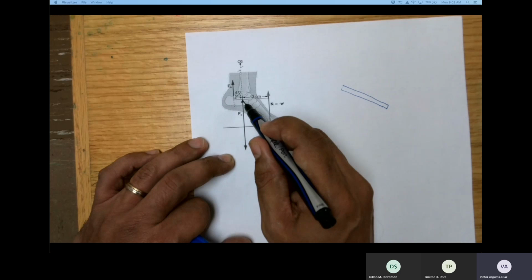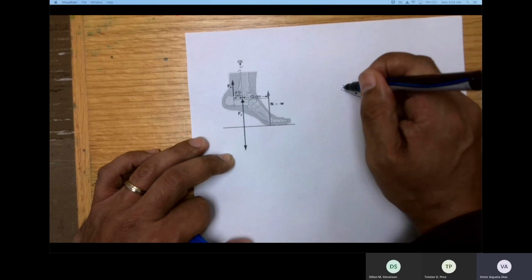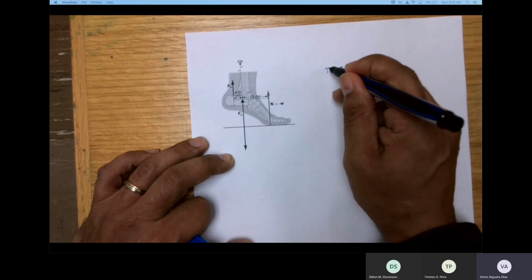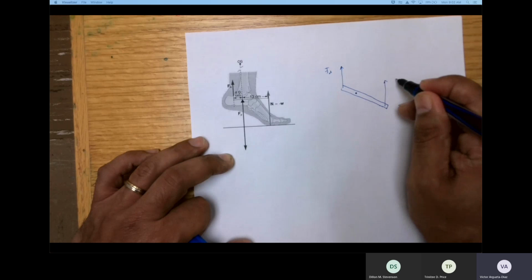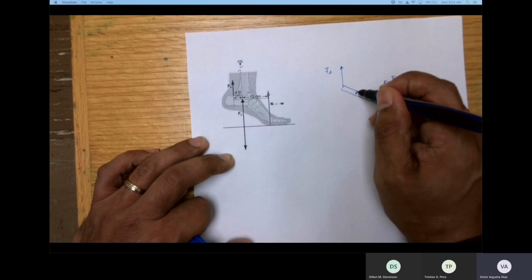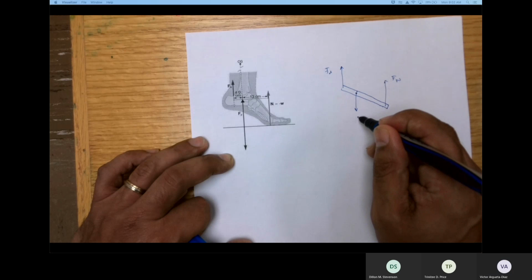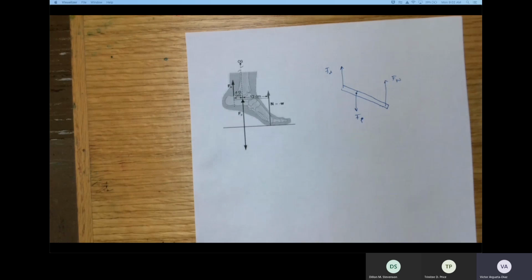The pivot point is the ankle, so it's going to be somewhere around here. I'm going to have the force of the Achilles tendon here, the normal force here, and the force here on the ankle. I just put it negative, but you can put it anywhere you want.